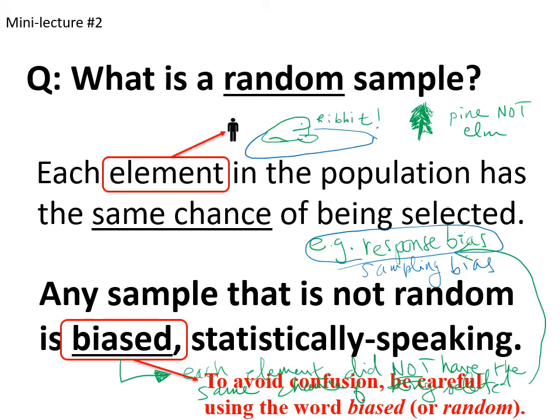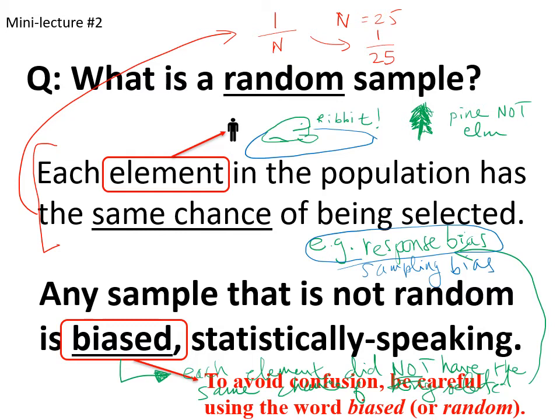A way to say that mathematically is that every element has a 1 in N chance of being selected. So if your population has 25 people, then everybody has a 1 in 25 chance of being selected, right?